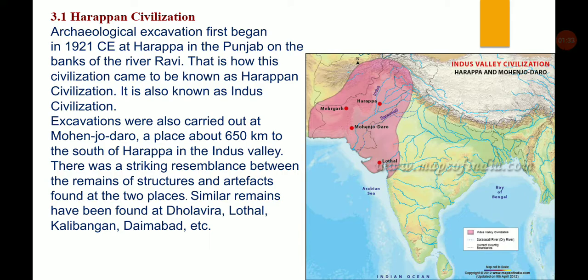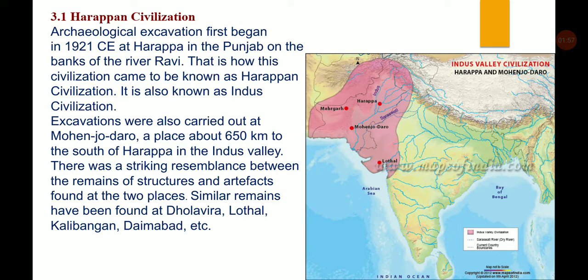Excavations were also carried out at Mohenjo-daro, a place about 650 kilometers to the south of Harappa in the Indus Valley. There was a striking resemblance between the remains of structures and artifacts found at the two places.